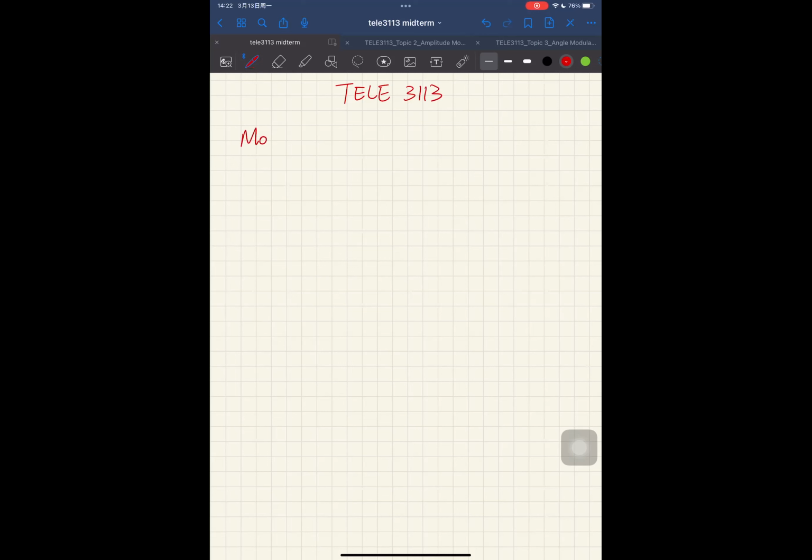So what is modulation? Two very important things we have to be engaged with in modulation are your message signal and your carrier signal. Modulation refers to this: if we're trying to transmit any analog signal, such as your speech or your voice, it only has very low frequency.